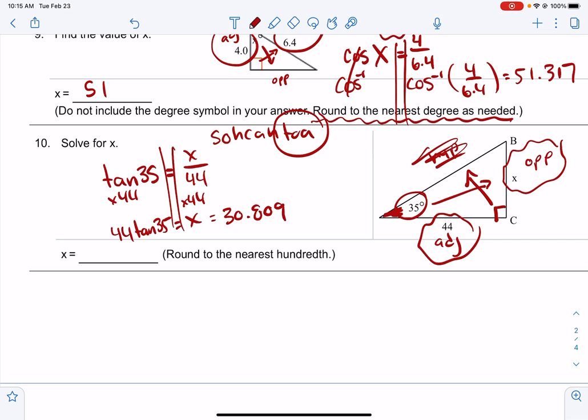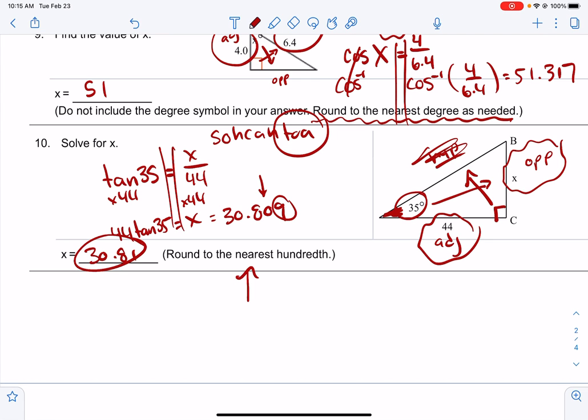Now before I type it in, round to the nearest hundredth. So this is my hundredths. So I'm going to look at the 9, which tells me to round up. So 30.81 would be my answer.